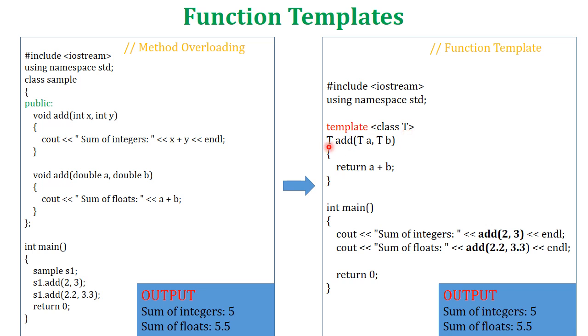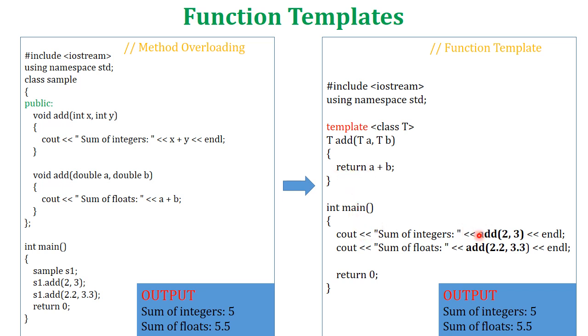First we start with the return type. The return type is generic, that is T. Then the function name. Then we pass two parameters A and B. Both are generic type, that's why we mention the prefix T, T. So here we mention the formula within the braces. Then finally the result is returned.